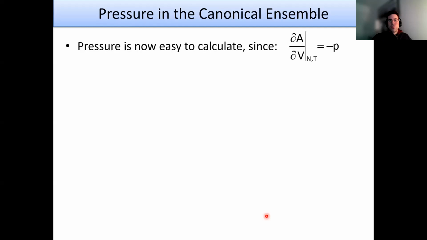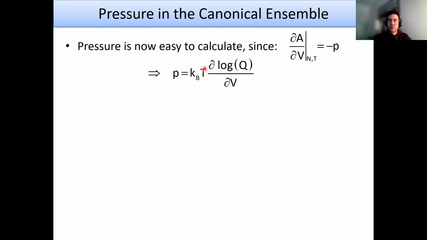So now we can easily calculate the pressure because we know, again, from our classical thermodynamics memorandum, that the partial derivative of the Helmholtz free energy with respect to volume, keeping number of molecules and temperature constant, is equal to minus pressure. So we can do the math. We said that A is equal to minus kT log Q.